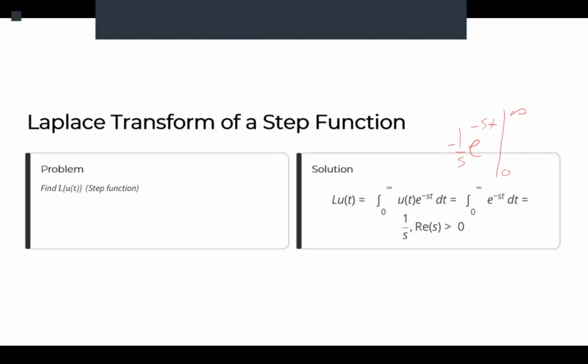If t goes to infinity, this one becomes 0. So it becomes 0 minus, if t goes to 0, the exponential goes to 1, so it's going to be minus 1 over s. These two minus signs cancel out each other. So we have the Laplace transform of 1 over s.